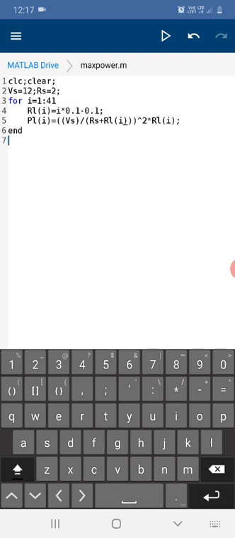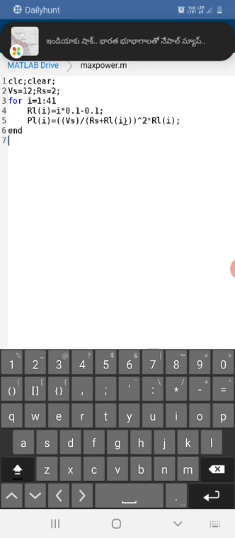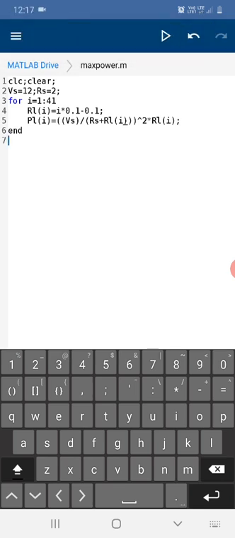In this for loop, I starts from 1. When RL of 1 equal to 1 into 0.1 equal to 0.1, 0.1 minus 0.1 equal to 0.